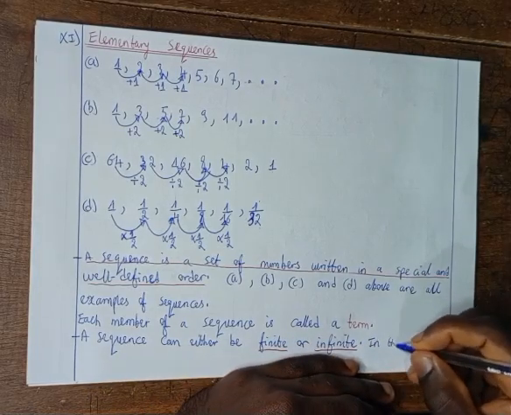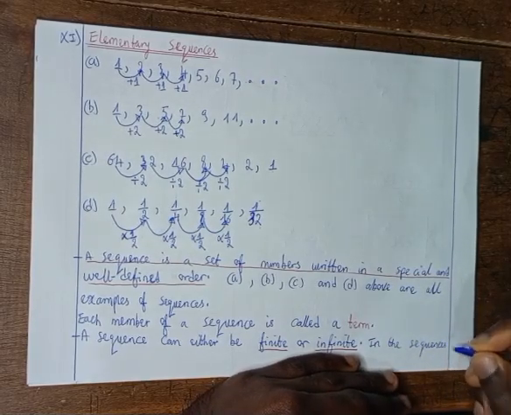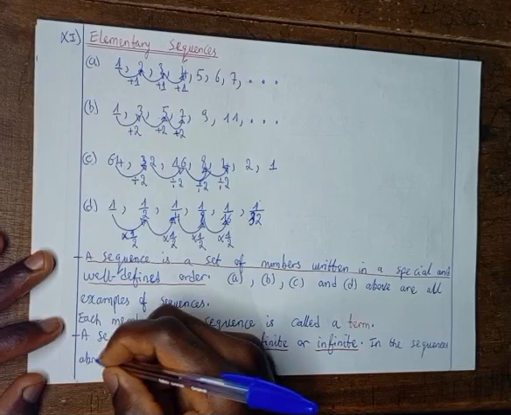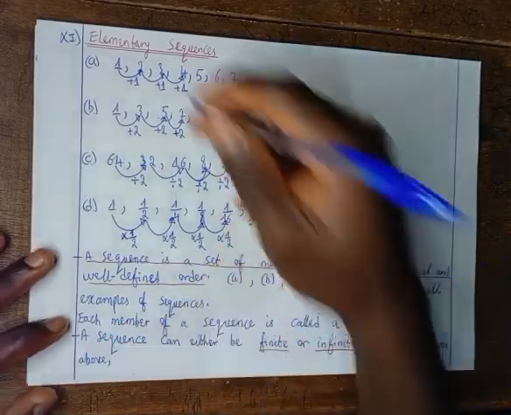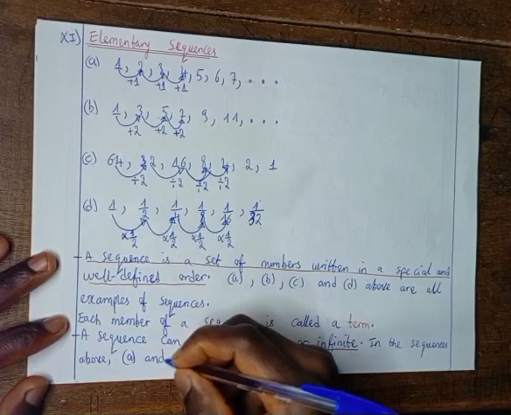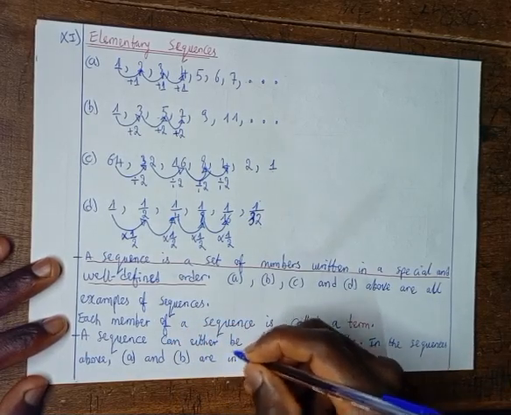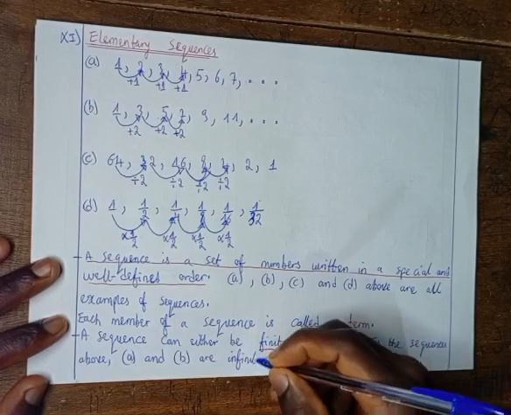In the sequences above, A and B are infinite sequences.